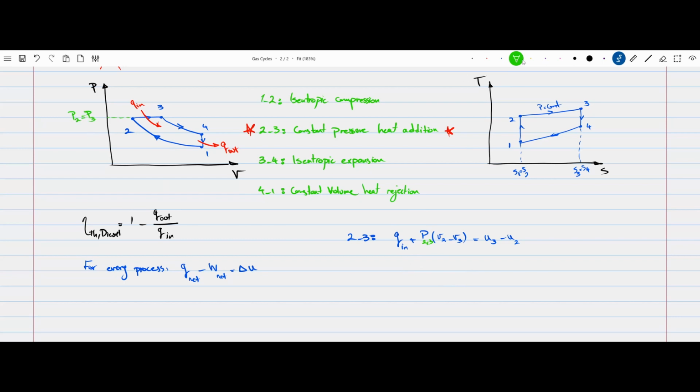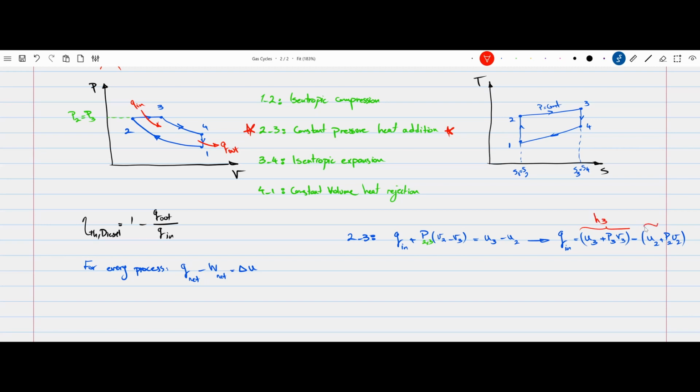So now, if you move things around in this equation, you get that Q in is (U3 plus P3 V3) minus (U2 plus P2 V2), right? From before, we know that this is the definition of enthalpy.